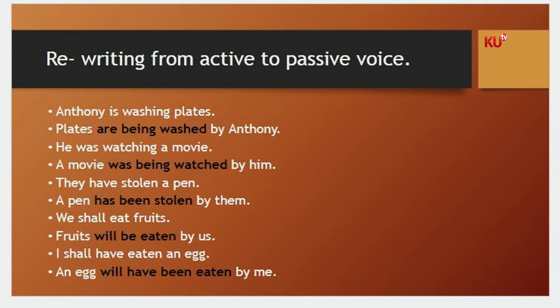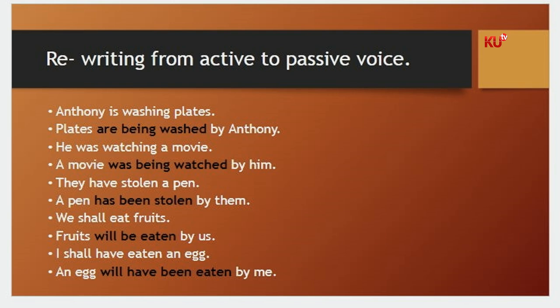And remember this sentence, he was watching. Was watching is past continuous tense. When we use past tense, we use was or were, and because of continuous ing, we have to use being.